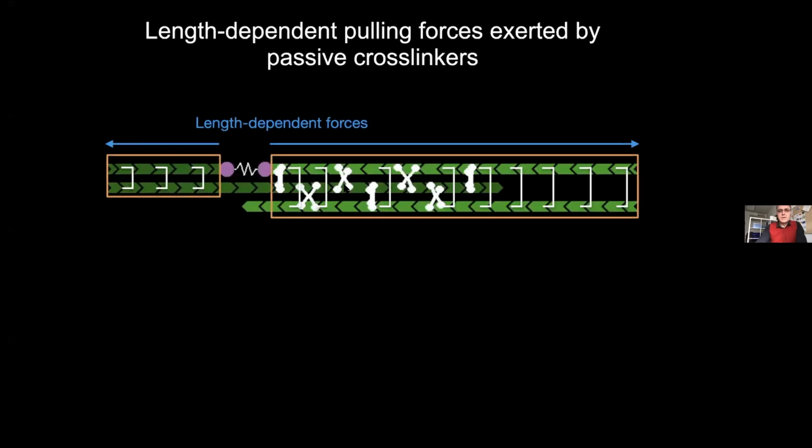And again, because of this difference in their length, we will get different forces. We will get larger forces to the right compared to the left. And again, these passive cross-linkers can also move these chromosomes toward the center, and thus they can also be a centering mechanism here.